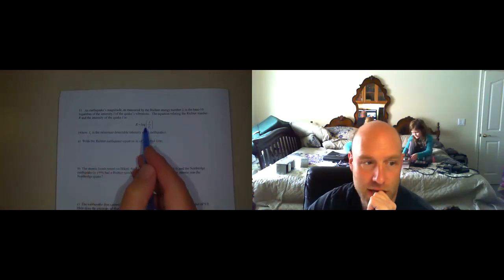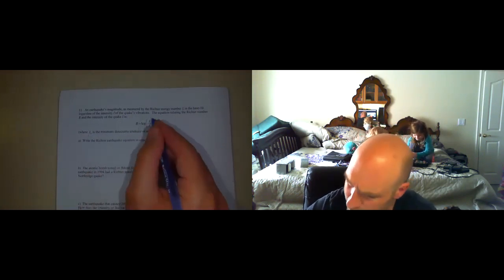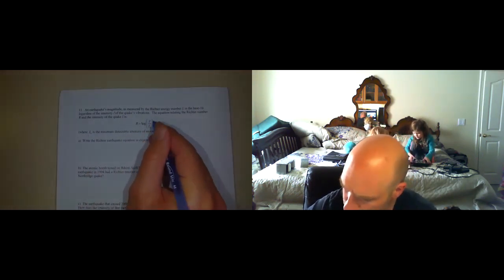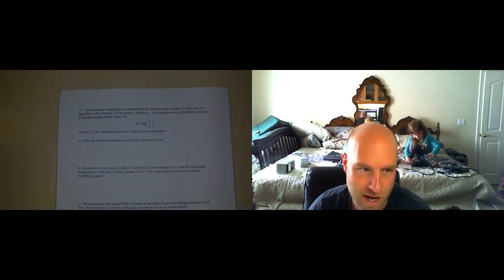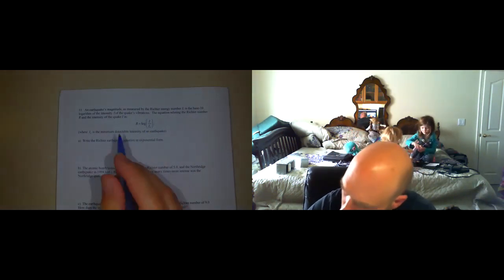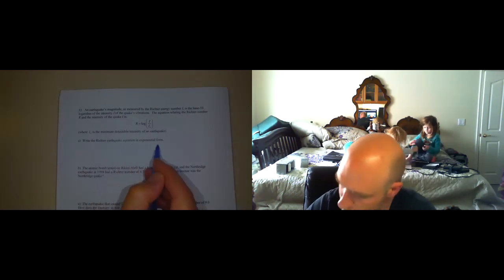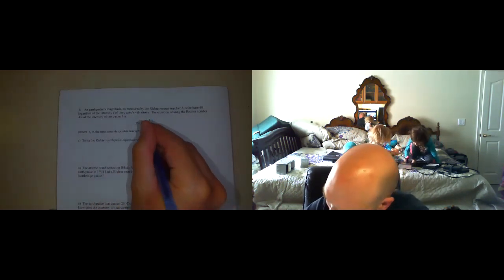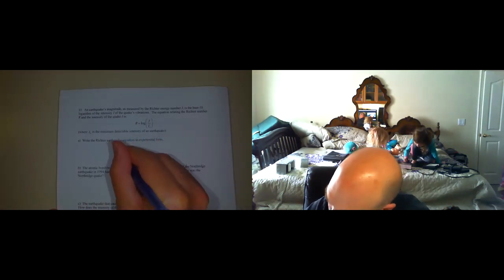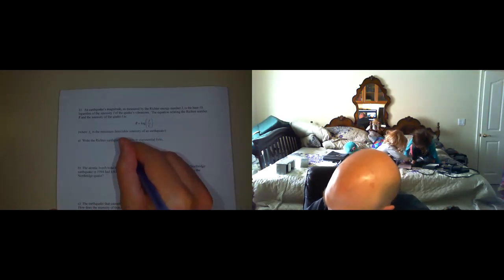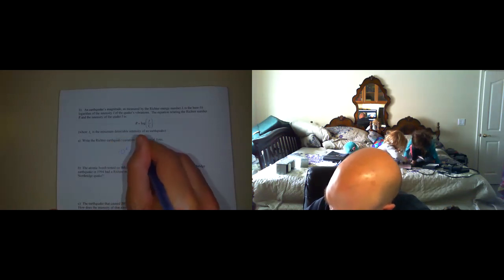So what's interesting here is that you never really solve for I, you often just solve for the ratio of I to I naught. The Richter earthquake equation in exponential form doesn't tell me what base, it is an implied base of 10. So really we end up with 10 to the R equals I over I naught.